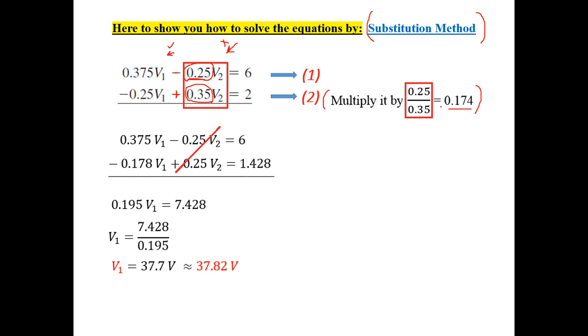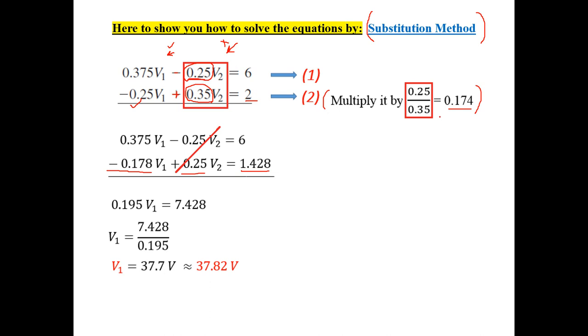Now multiply 0.714 by 0.25, of course with minus, you will get this answer. Multiply 0.714 by positive 0.35, you will get this answer, 0.25, and multiply 0.714 by 2, which is 1.428.